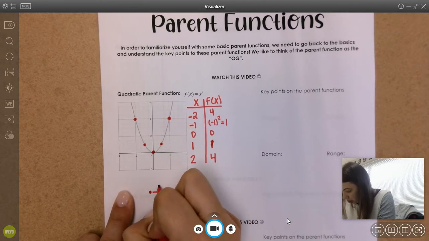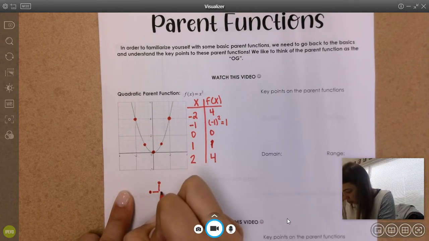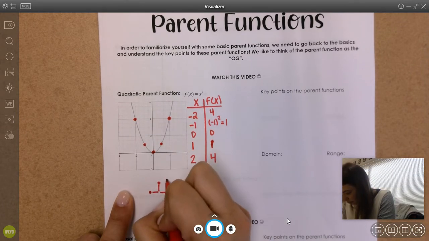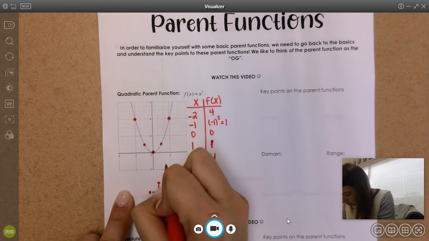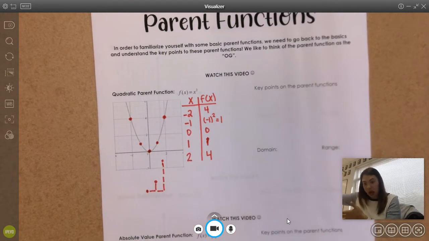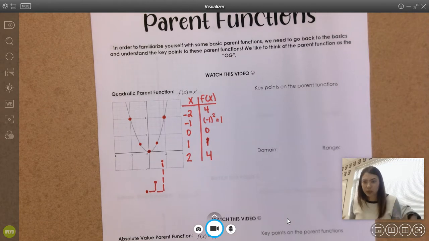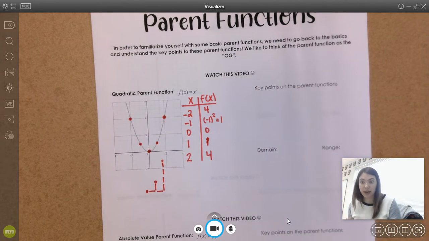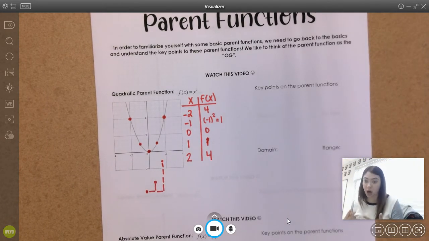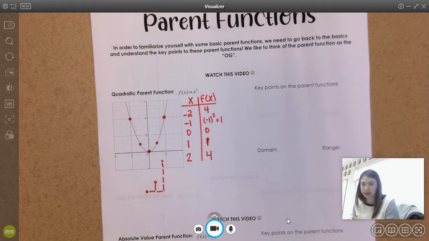We'll go over 1, up 1. We'll go over 2, up 4. And then we'll go over 3, up 9, and so on and so forth. And that really is something that we talked about in Algebra 1 for a very, very long time. So we should feel pretty good about this.